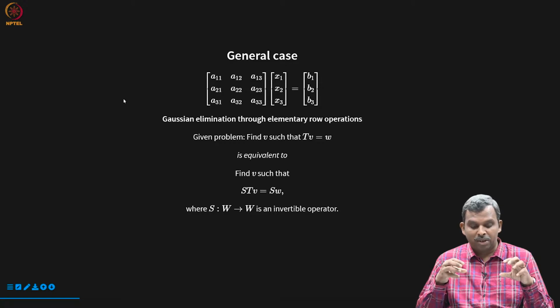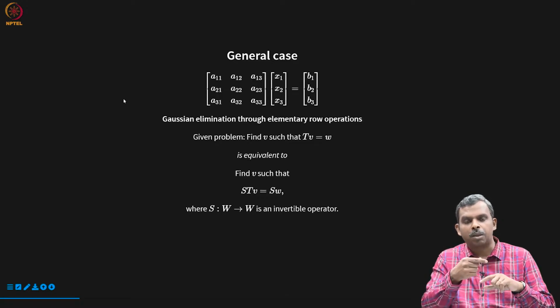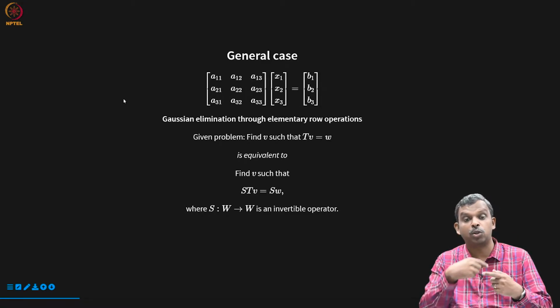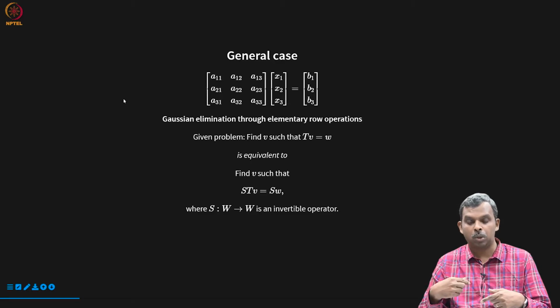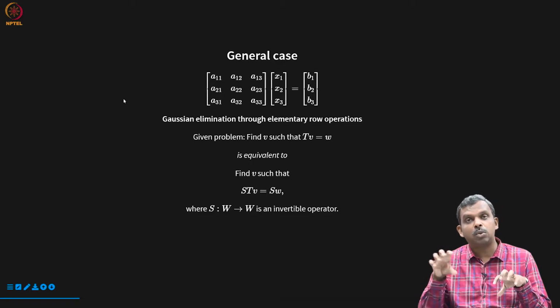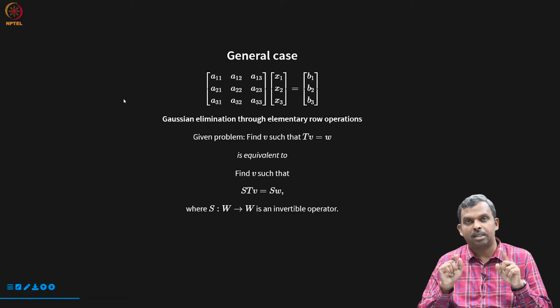When you have an invertible operator, it's like an isomorphism. It takes you from input to some other output, but you can also undo that linear operation. So it's an invertible operator. You can also go from output to input. So whether you solve TV equals W or STV equals SW, you will get the exact same V's for the exact same W. Nothing will change as long as S is invertible and you've done STV equals SW.